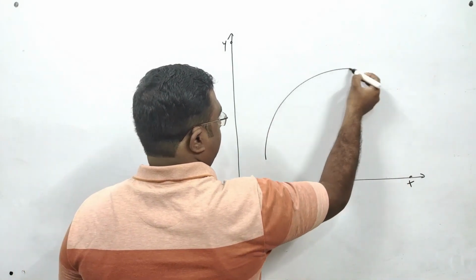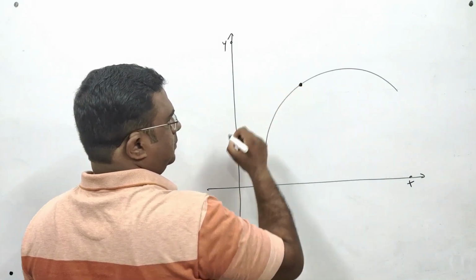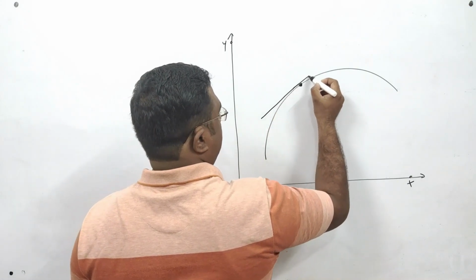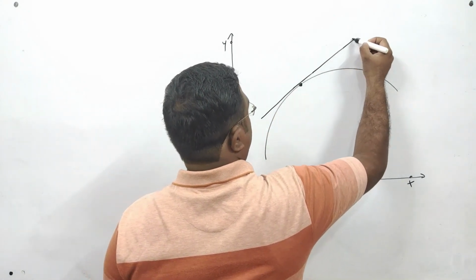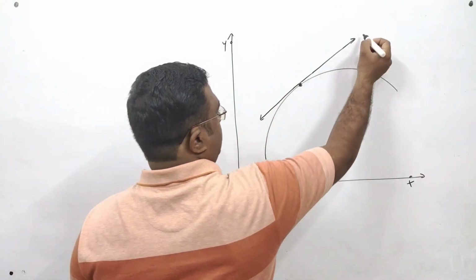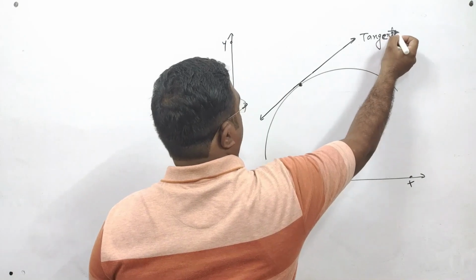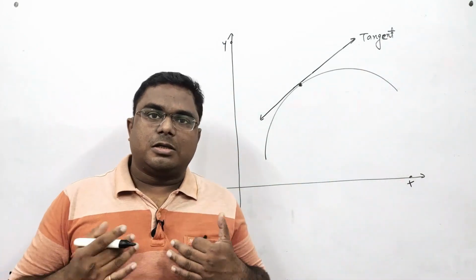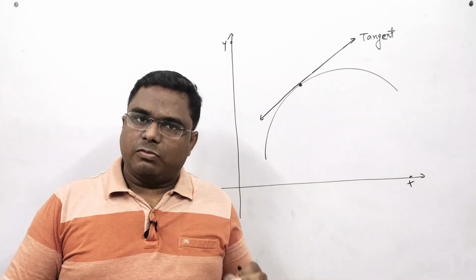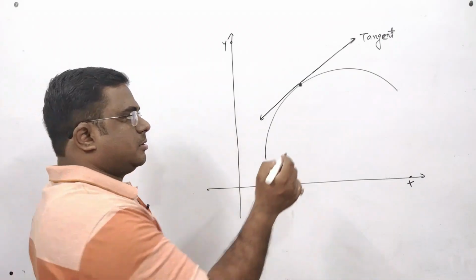Suppose it is a curve, and let us take this point, and at this point I am drawing a line which is touching the curve only at this point. Then we say that this line is tangent. So what is the meaning of tangent? Tangent is a line which touches the curve only at one point, and that point is known as the point of contact.